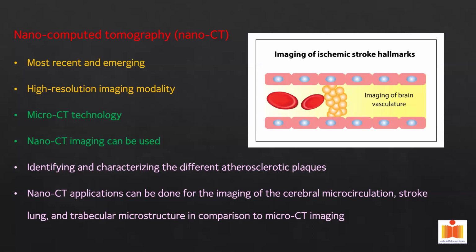What is the reason for the stroke? Microcirculation is something no imaging modality can identify today. That is where nanoimaging plays a role, for stroke, and for the lung at the alveolar level and trabecular microstructures within the lung, which can be imaged with micro CT by use of nano CT.